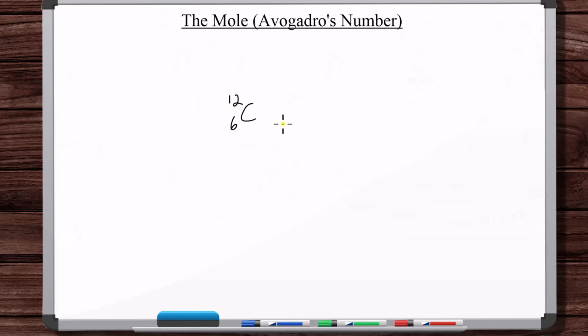And the definition of the AMU is, 1 AMU is equal to 1/12 the mass of a carbon-12 atom. This is a definition, so this is exact. 1 AMU is exactly, by definition, equal to 1/12 the mass of a carbon-12 atom.